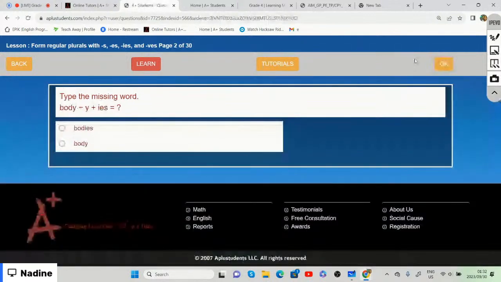Body plus ies. Is it bodies, the first one, or is it just body, which is the second one?